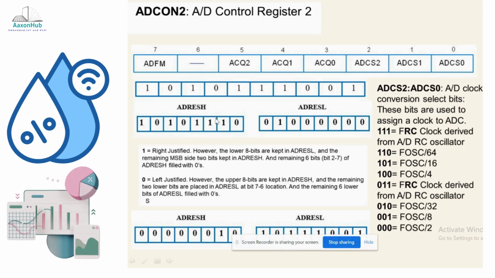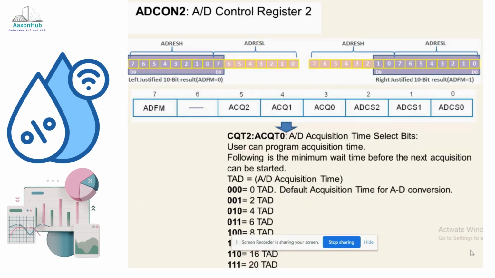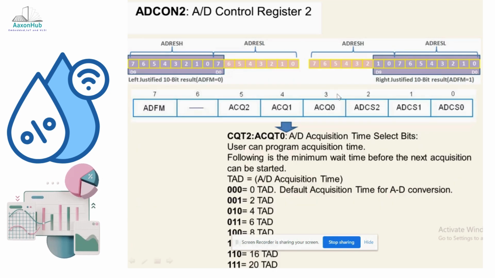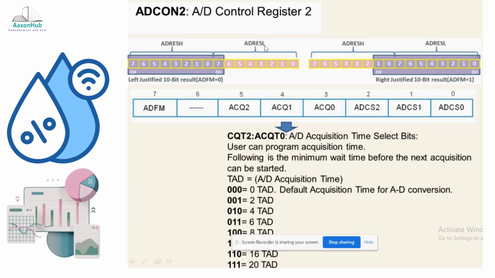As this is a 10-bit ADC, you need the result as 10 bits only. So the lower 8 bits are occupied by the lower byte register, and the remaining bits go to the higher byte. The ADC result will be stored in two registers, ADRESH and ADRESL.